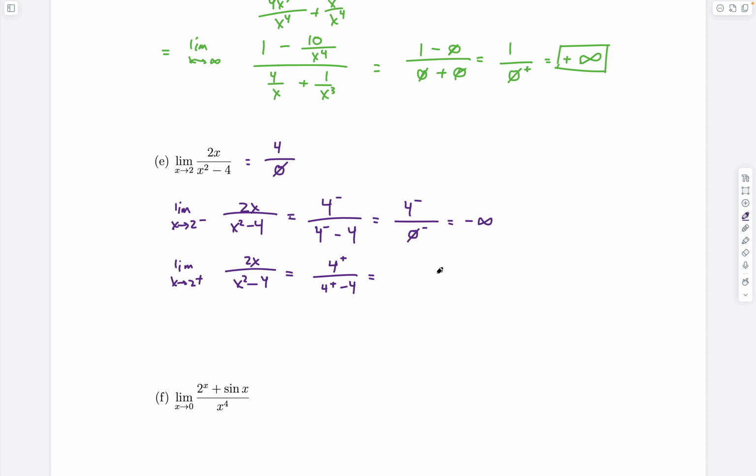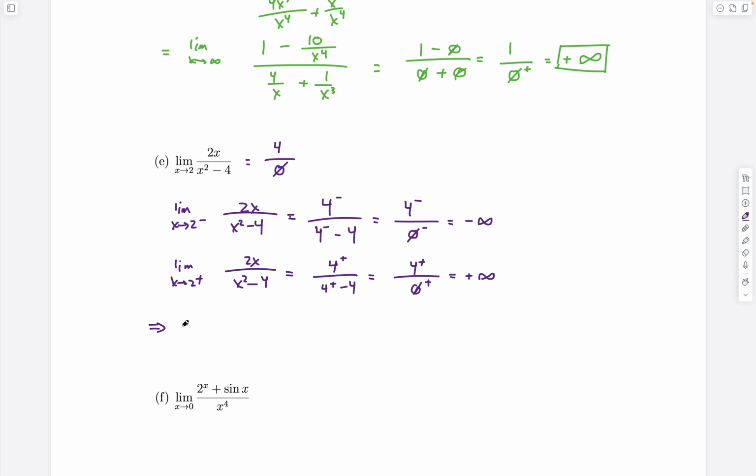Well, if you take a number that's bigger than 4 and you take away 4 from it, you're going to get a number that's slightly bit bigger. So in this case, the denominator would be 0, but from the right side, slightly bit positive. And numerator is positive, denominator is positive. It fits the form a number over 0, which we know pushes to infinity. Therefore, this would go to positive infinity.